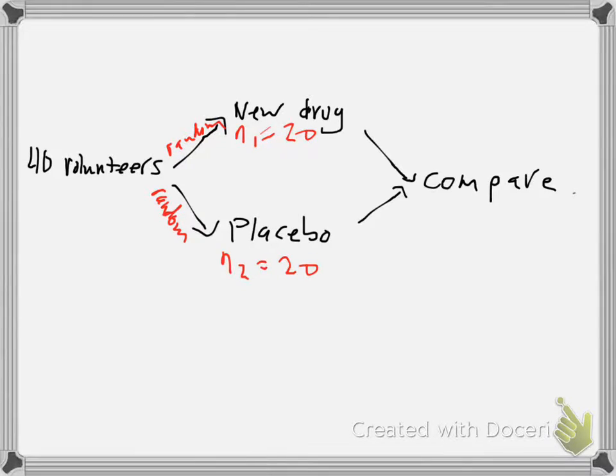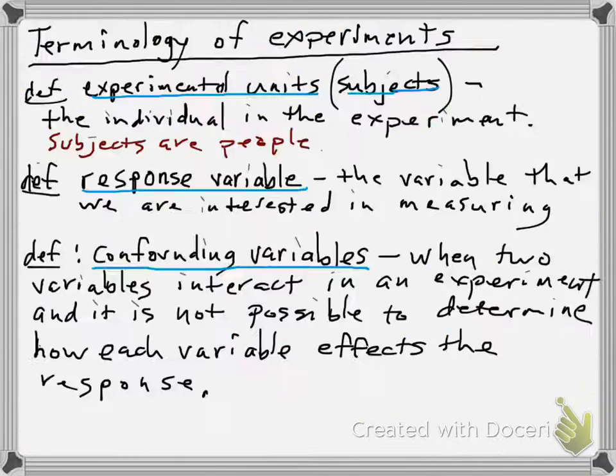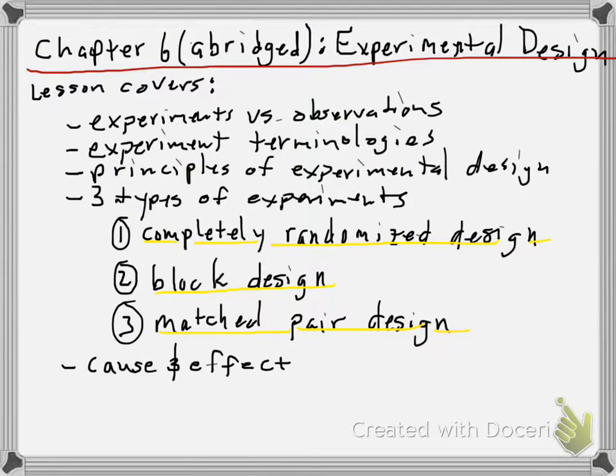So I want to just go back to that first slide to remind you what we're doing in this chapter. So we talked about experiments versus observations. We talked about some terminology, some definitions. We talked about those three principles of experimental design. That was control or treatment, random assignment, and the last one was replication.